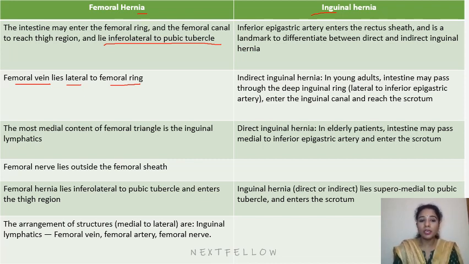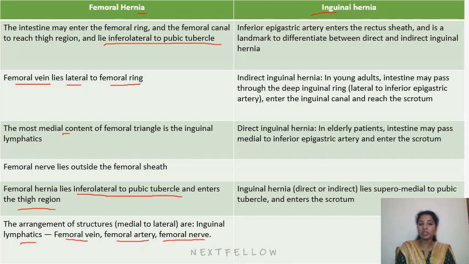Then the most medial content of the femoral triangle is the inguinal lymphatics, so deep inguinal lymph nodes are present on the most medial side. Then the femoral nerve lies outside the femoral sheath, that is, lateral to the femoral sheath. Femoral hernia lies infralateral to the pubic tubercle and enters the thigh region. This point is to be noted. Then the arrangement of the structures from medial to lateral is inguinal lymphatics, then femoral vein, femoral artery, and lateral most, outside the sheath, is the femoral nerve.